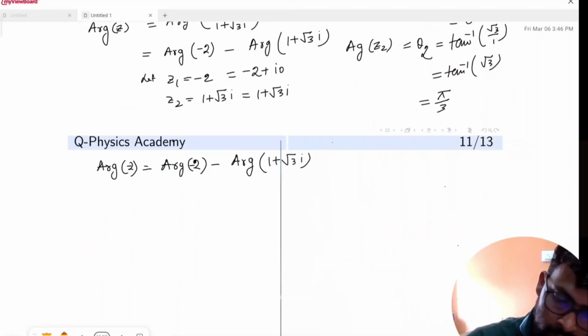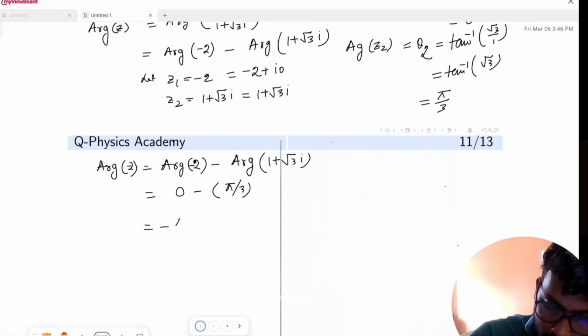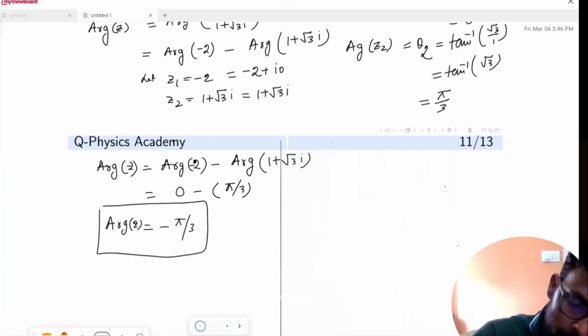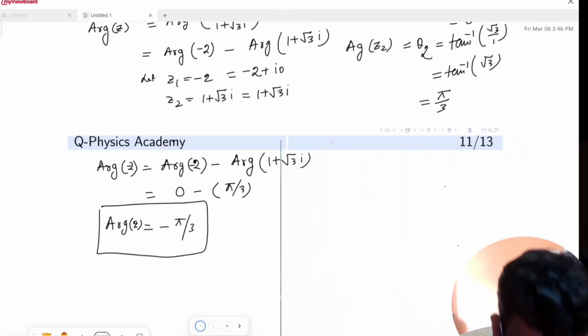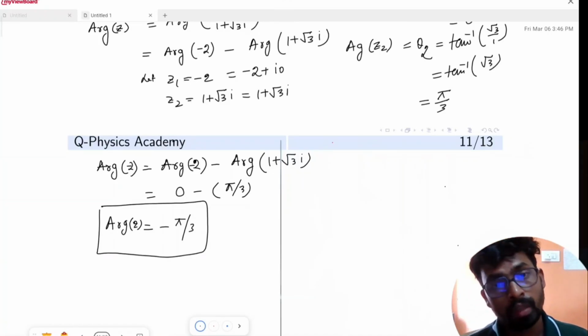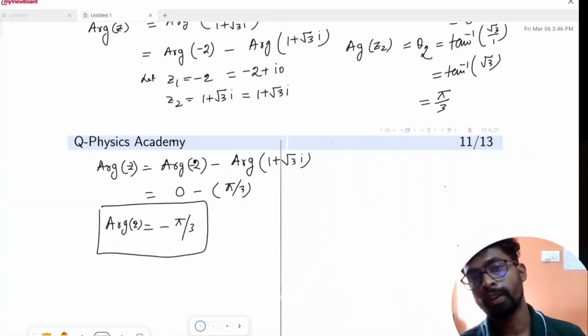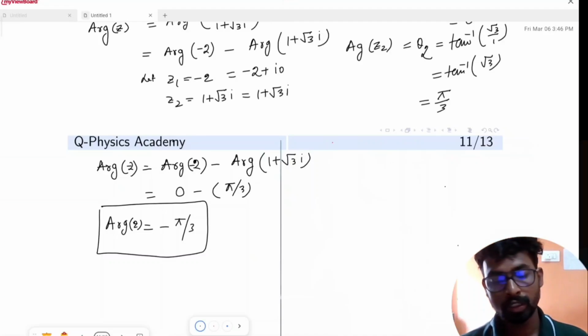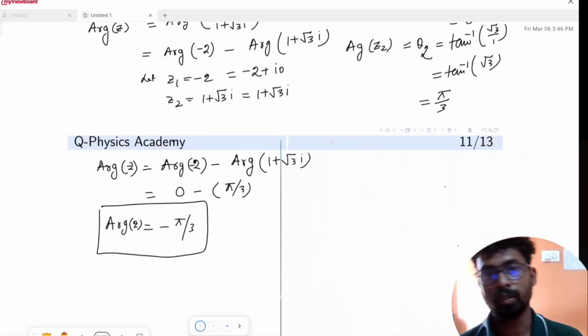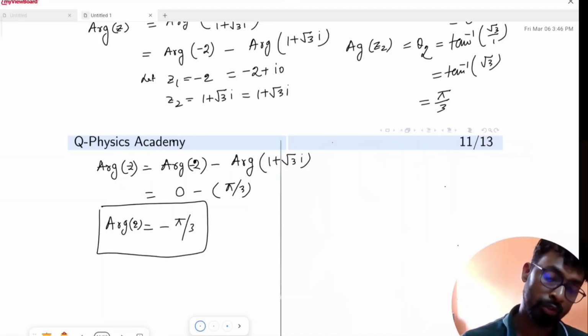That is equal to 0 minus pi by 3, which is minus pi by 3. I hope again this is a very easy question for you. In this way you can calculate the principal argument of any kind of complex number. Next, try to solve another question.